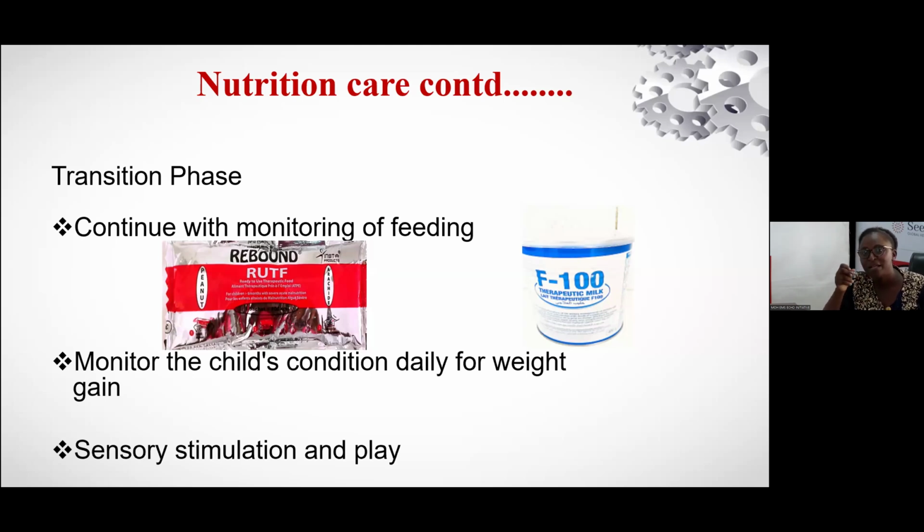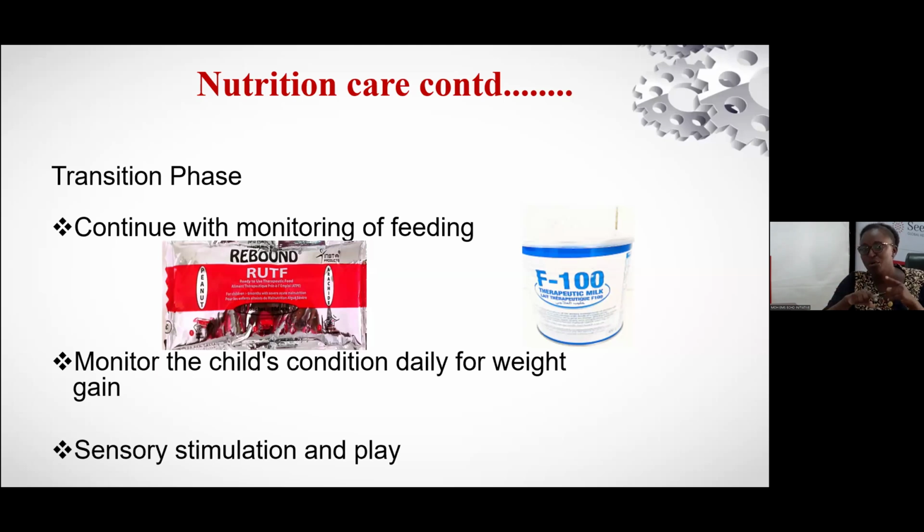You will not leave the hospital until we've reached the phase when you're out of danger. But with RUTF, you take it and continue being monitored in the outpatient clinic. But if this child fails to tolerate RUTF, that's when we shall proceed to F100. They all have the same nutrient density. They all help in achieving catch-up growth or repairing the lost tissue.